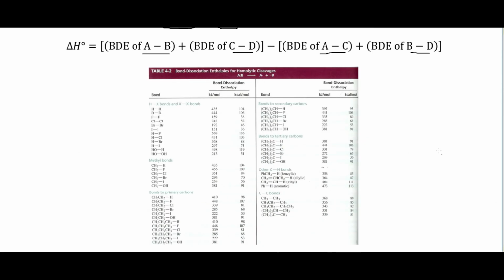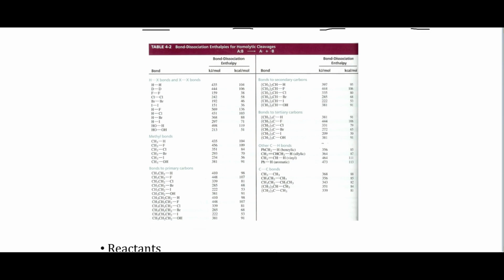This is a table found in the book that I'm using, Organic Chemistry, 7th edition by L.G. Wade. It gives bond dissociation enthalpies, or energies, of these different bonds. They're showing the bonds here: HH, deuterium, deuterium, fluorine, fluorine, then the carbon to hydrogen bonds and carbon to halogen bonds, and so on.